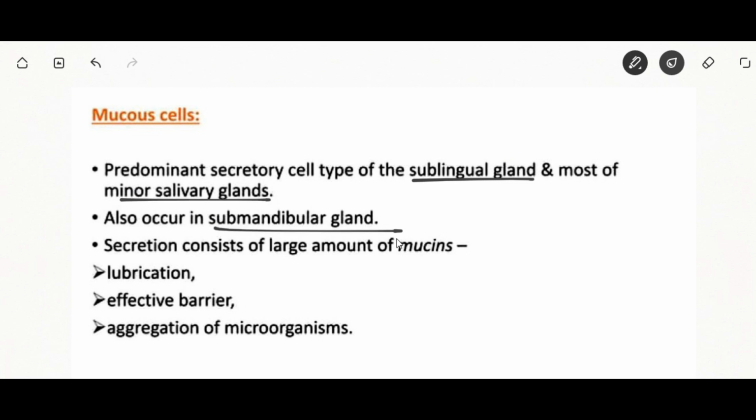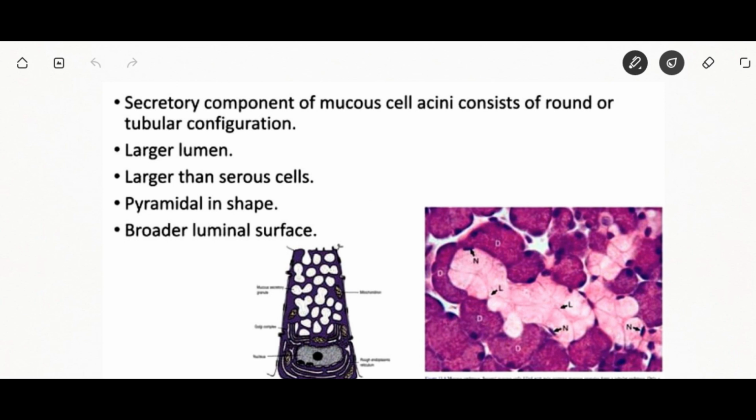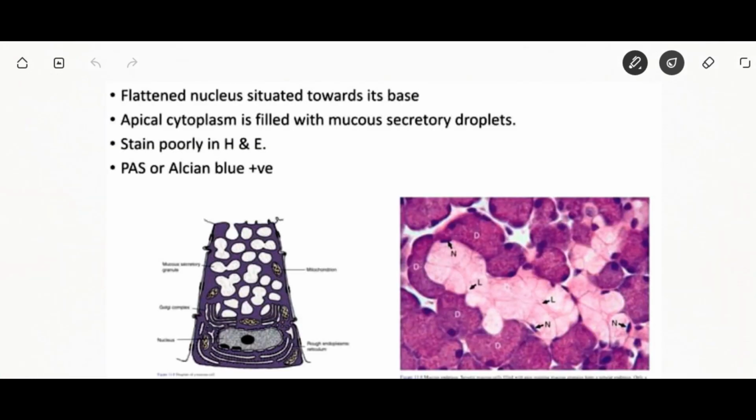The secretory component of mucous acini consists of a round or tubular configuration with a lumen larger than that of the serous cells. The cells are pyramidal in shape with a broader luminal surface. The nucleus is flattened and situated toward the base. The apical cytoplasm is filled with mucous secretory droplets.